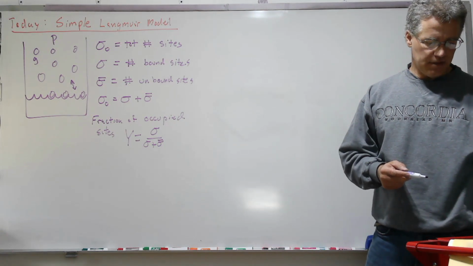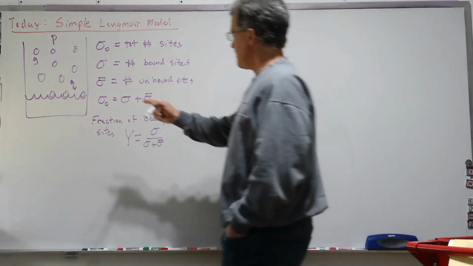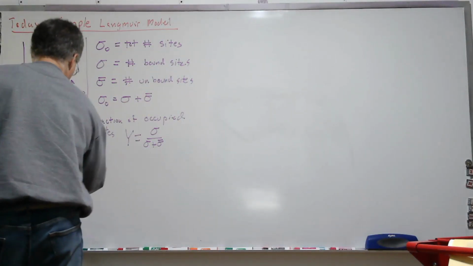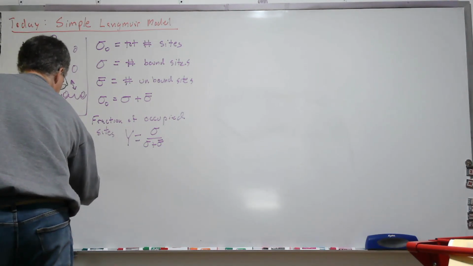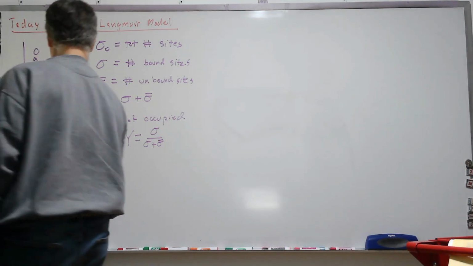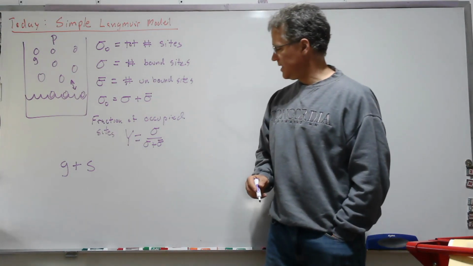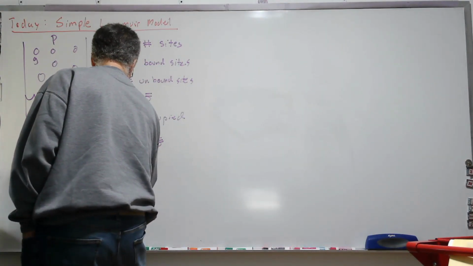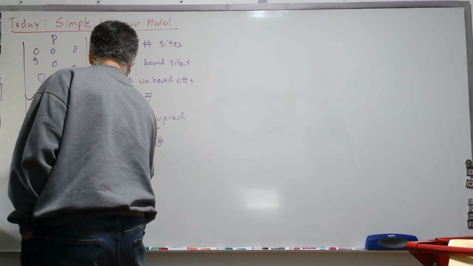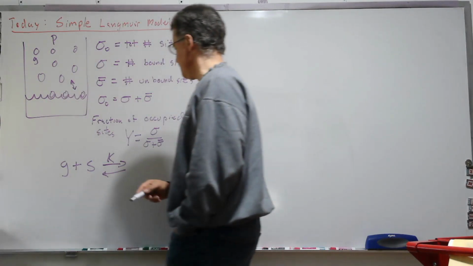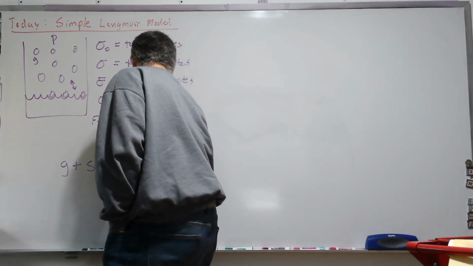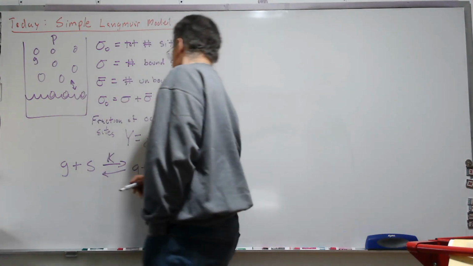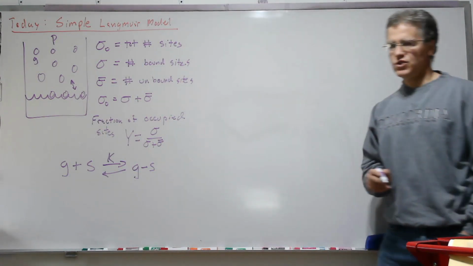Okay, so let's set up this equilibrium. So we have the gas plus a site. So we'll call a particular site S, and the gas particles G is in equilibrium, chemical equilibrium, with GS.